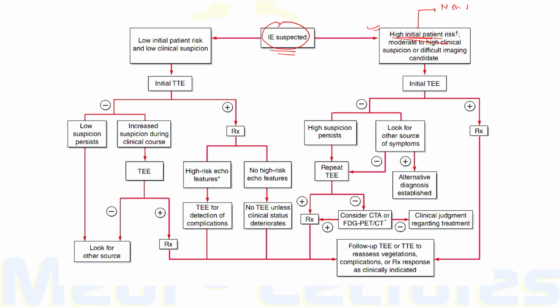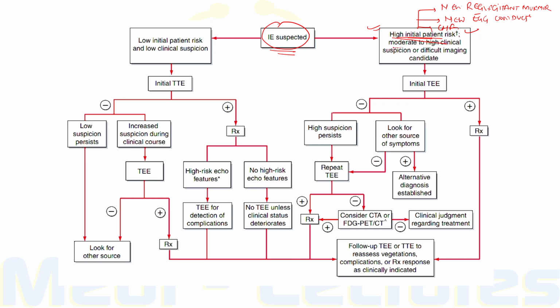If there is a new regurgitant murmur on examination, a new ECG conduction defect, or presence of congestive heart failure, symptoms and signs of CHF, then this is a high risk patient.